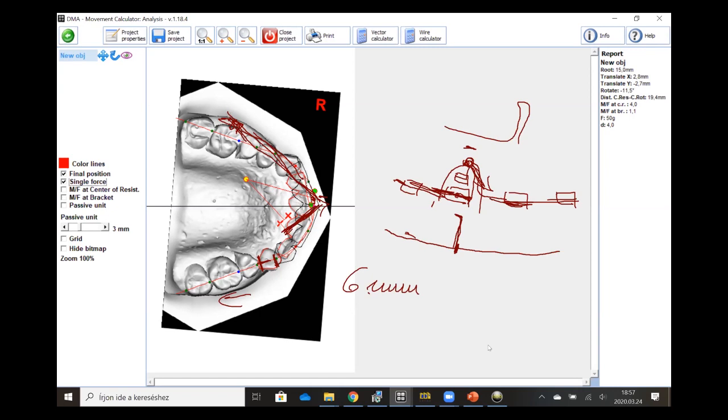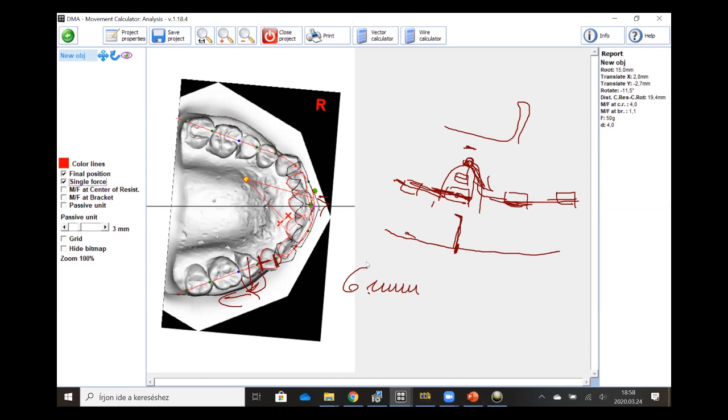Remember that this also has to be moved in this direction. Do I need a TAD here for anchorage, or is a TPA enough? Well, can you tell me, I'm sorry if I reverse the question, so I ask this to you.